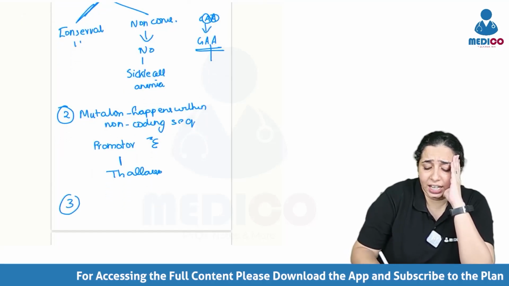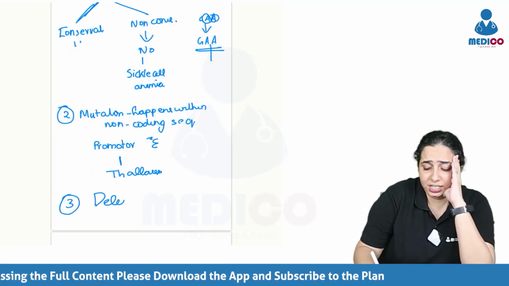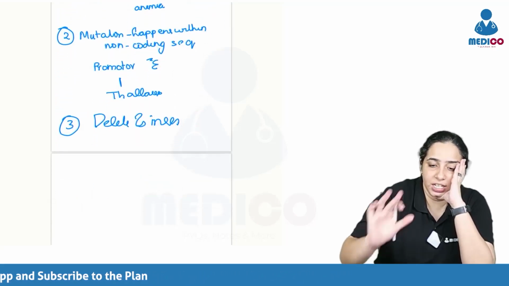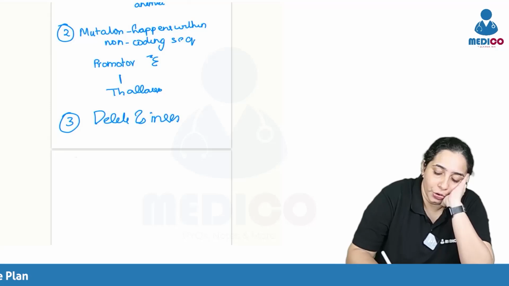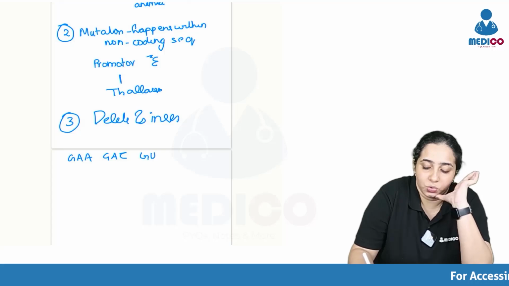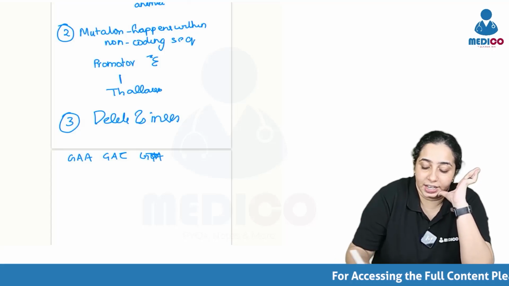Now, your third type is your deletions and insertions. So what do we mean by that? Here you have some codons like GAA, GAC, GTA or something like that.